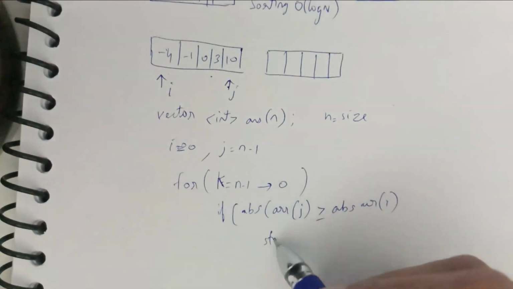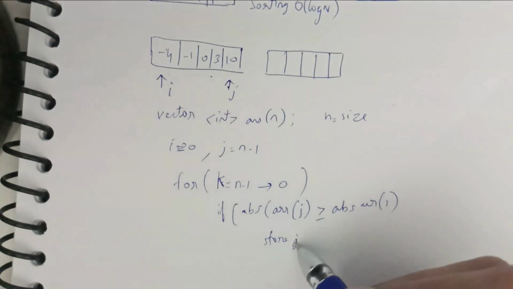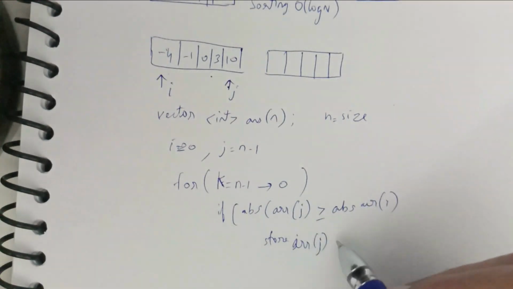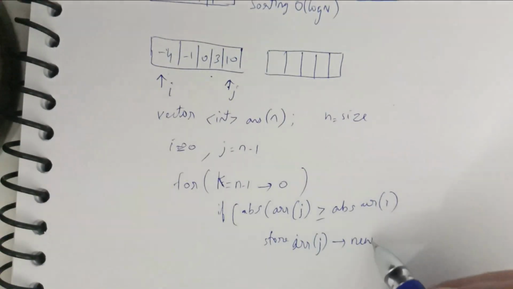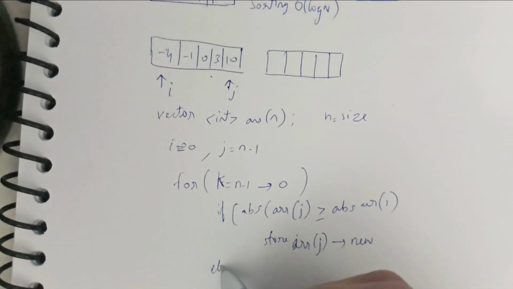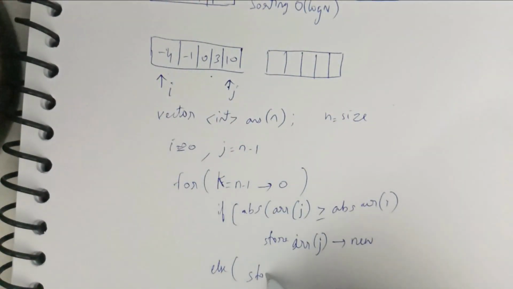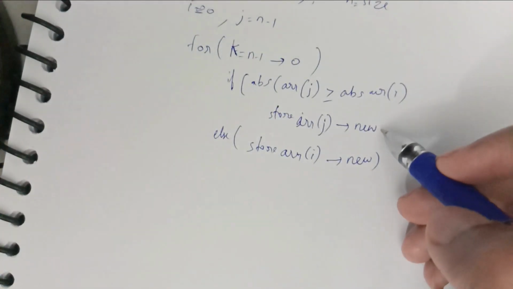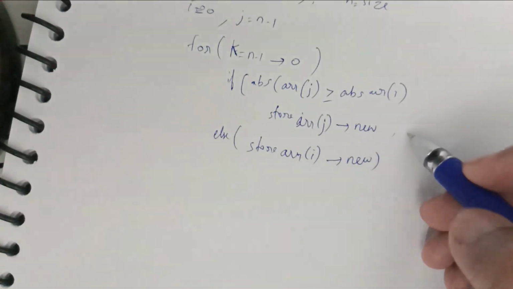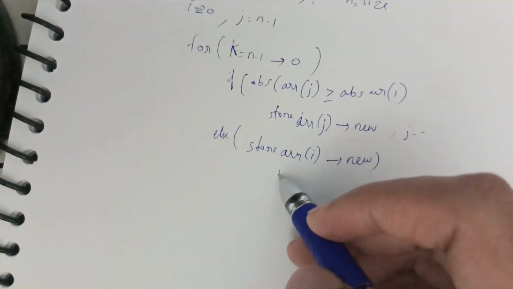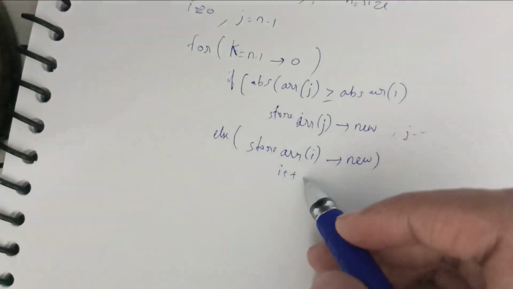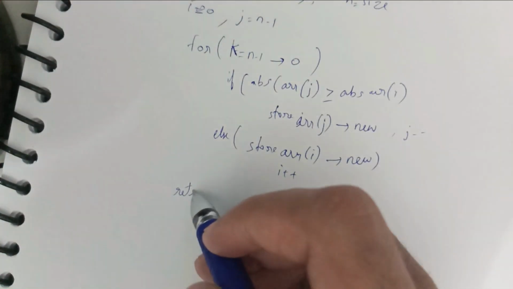Then we store arr of j in the new array, or else if this one is greater, we store arr of i in the new array. And we do j minus minus here, and i plus plus here, and at the end we just return the array.